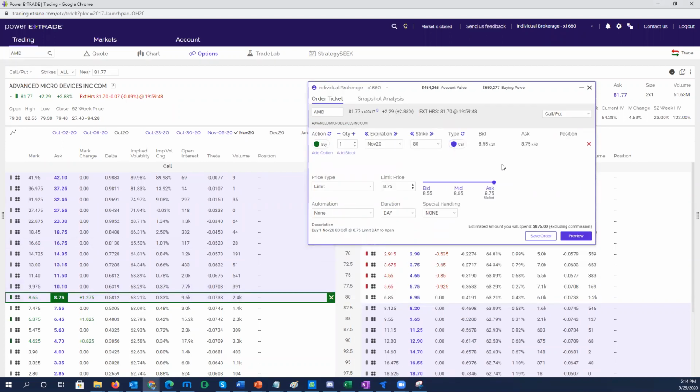You see the price type, there are different options underneath. If you scroll down underneath the price type. This one? No, bottom. Price type. Oh, here. Yes. This is order type. Okay. This is called order type.